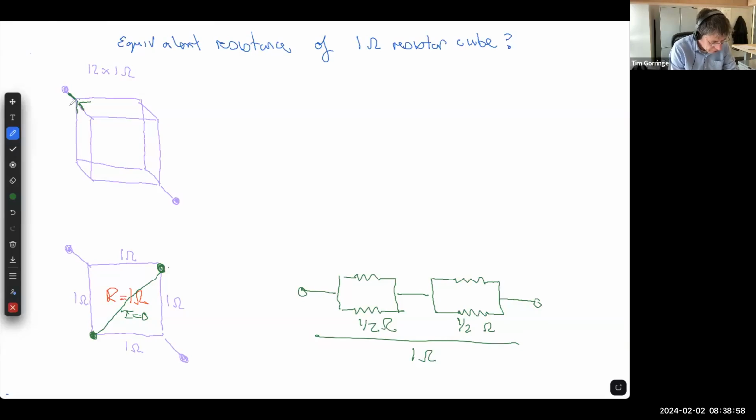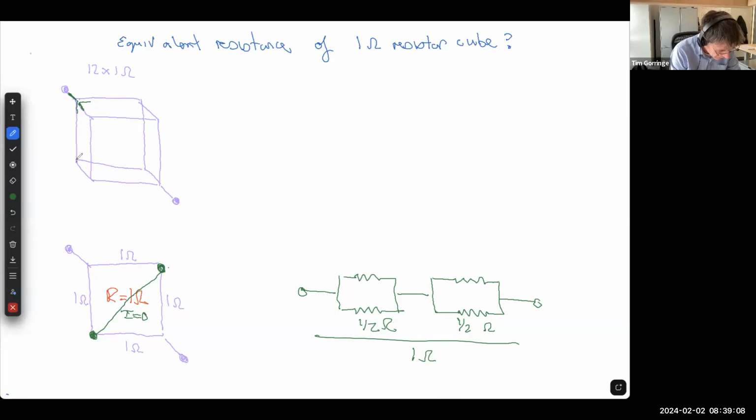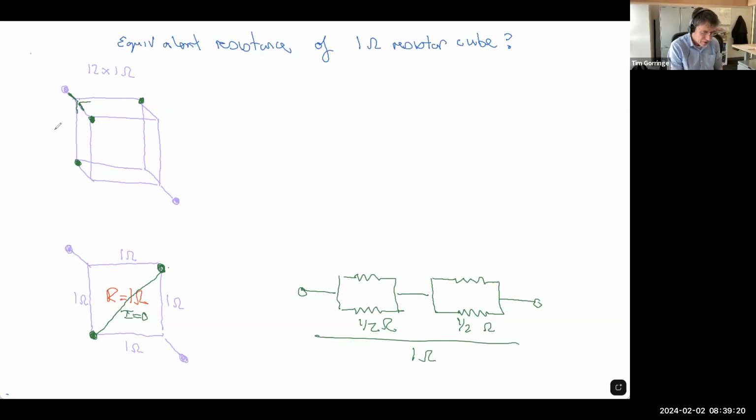That also means, since those three currents are going through the same 1 ohm resistors, that the potential at this location here, this location here, and this location here, where those three currents are going to, are all the same. And we could, if we chose, connect all those points with wires. And so that's what we're going to do.